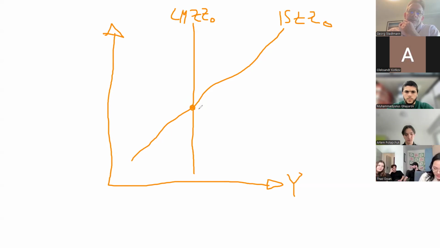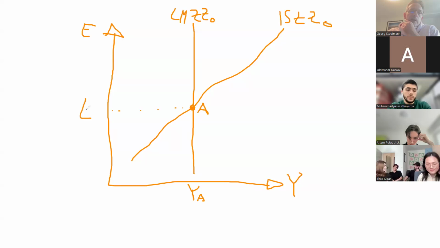This is point A. This is YA, the initial GDP level. And this is the exchange rate in the beginning, EA. And this fix indicates that we are in chapter 18, where the exchange rate level is fixed. For this part here, you'll already get partial credit.